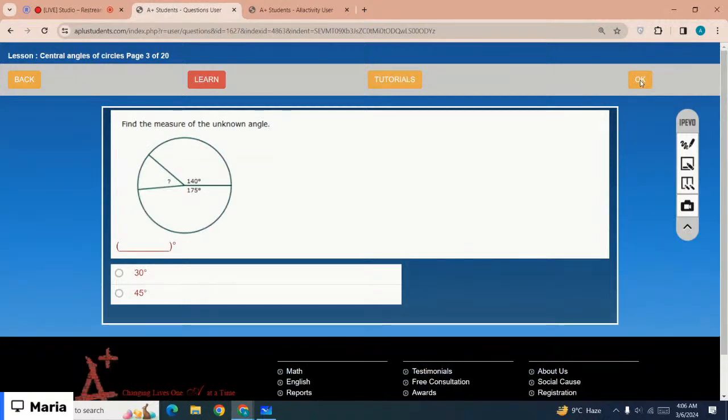Okay, find the measure of the unknown angle. Which is the correct option? Solve the question in your notebook and write the correct option in the chat box. Which is the correct option?